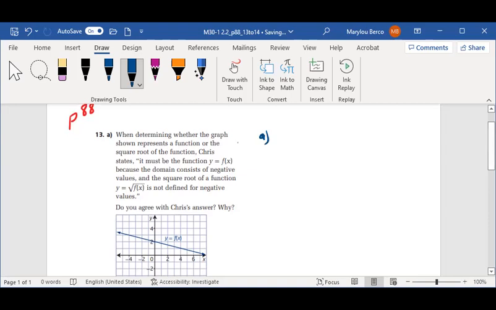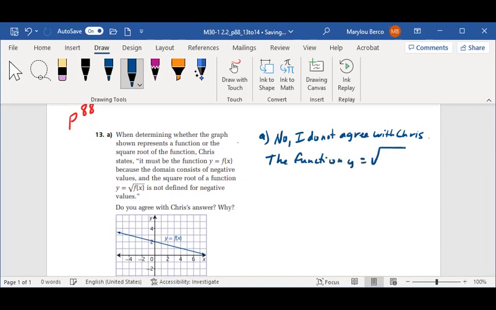And my answer would be no, I do not agree with Chris. And here's why. The function y equals root f of x is undefined for f of x less than 0.